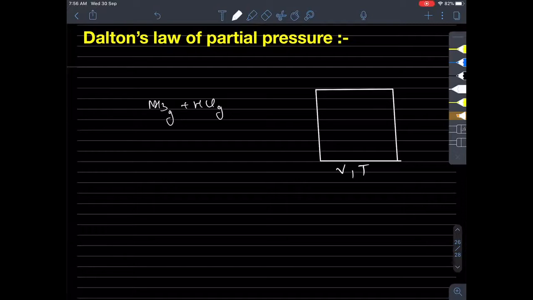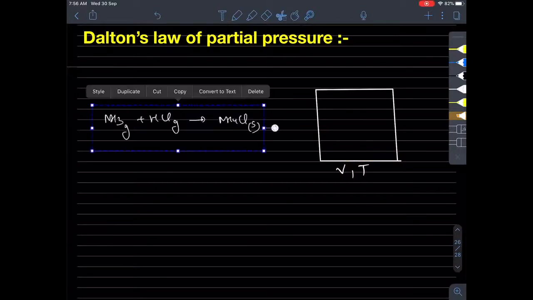When you mix them together inside the container, you will expect the pressure to be because of both of these. But the right answer is that they will combine. And if you took initially equal moles of them, then they will form a solid and settle down at the bottom. So basically, there will not be any pressure inside it. So it's very important that gases should not react.